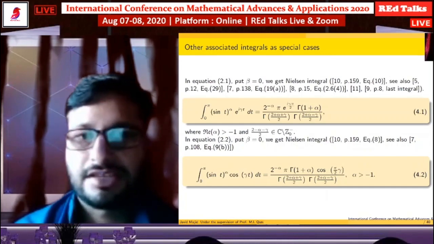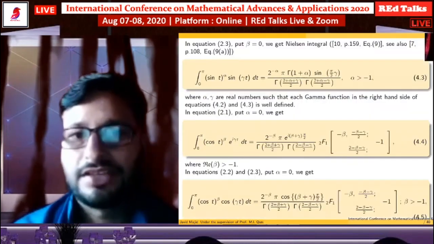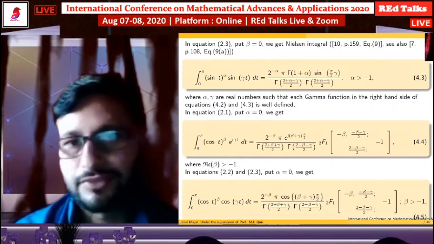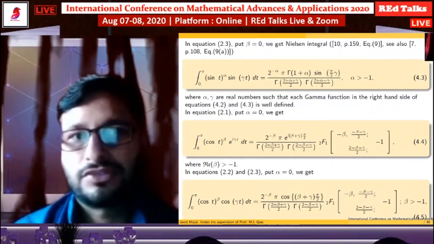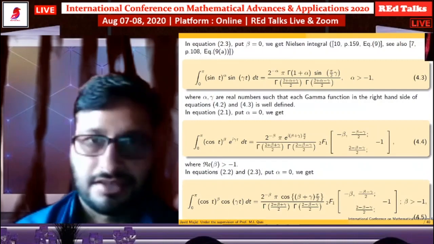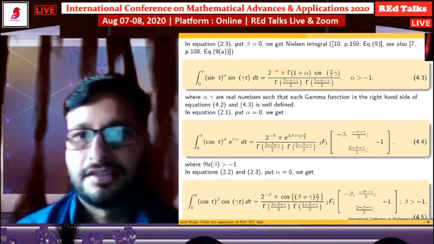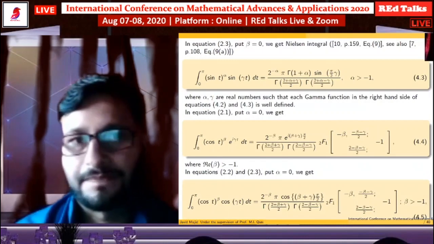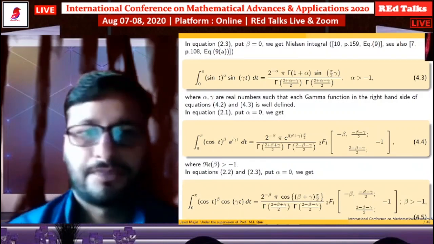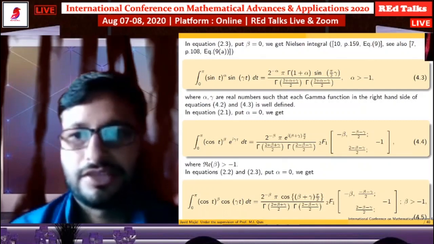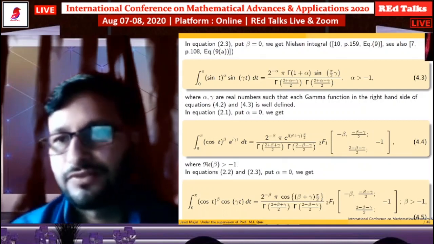Similarly, if we put beta equal to 0 in 2.2, we get another Nielsen integral given by 4.2. And also, if we put beta equal to 0 in 2.3, we get another Nielsen integral given by equation 4.3.